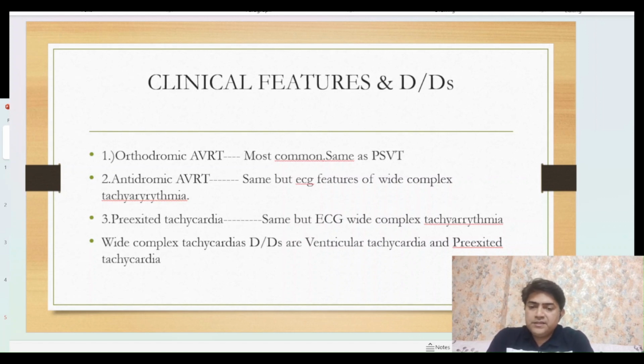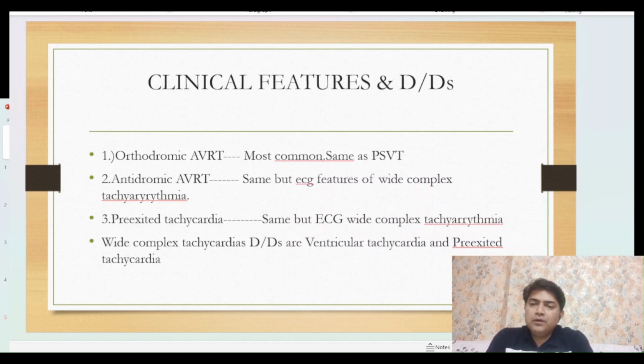If the ECG in the question paper shows a narrow complex tachycardia, then PSVT will be the most common choice. But if you see a wide complex tachycardia, then it is most likely to be antidromic AVRT or pre-excited tachycardia, that is also known as Wolff-Parkinson-White syndrome.